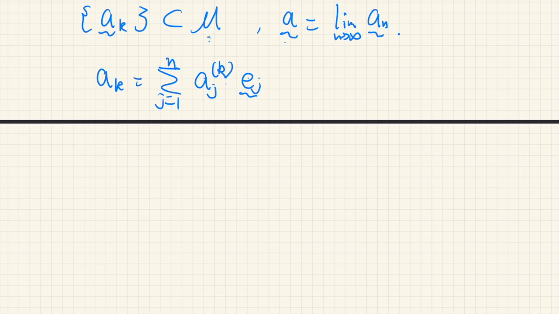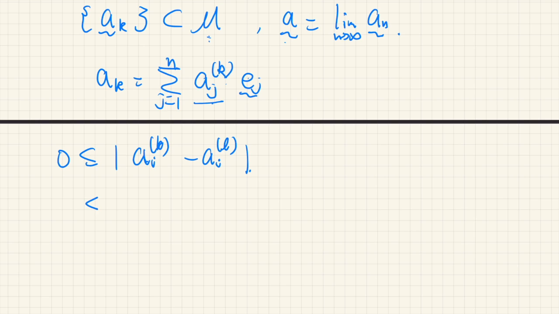We next show that for each j, this coefficient makes a Cauchy sequence. So for that, let's calculate the difference between, let's say, a_jk and a_jl. We want to show that this converges to 0.